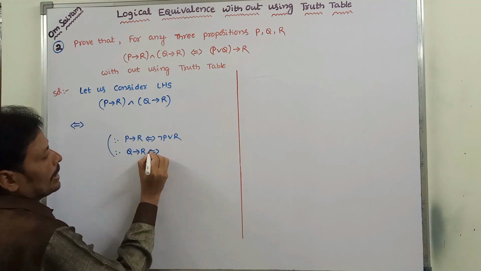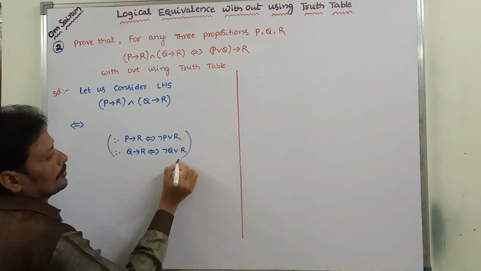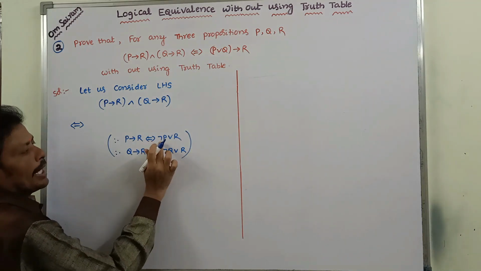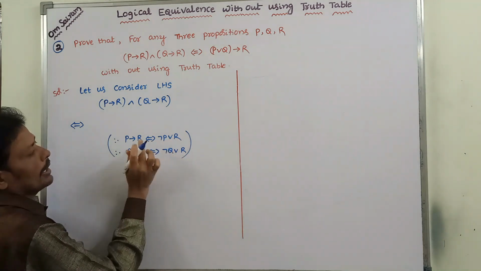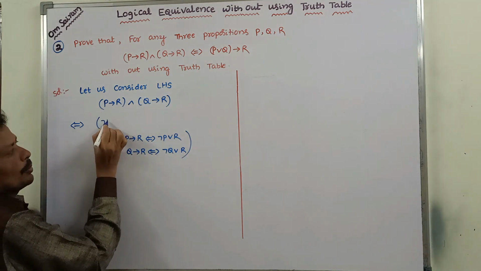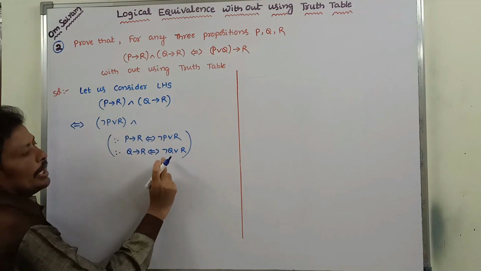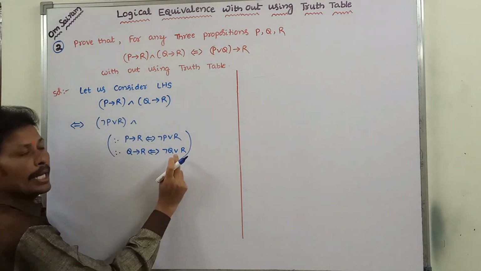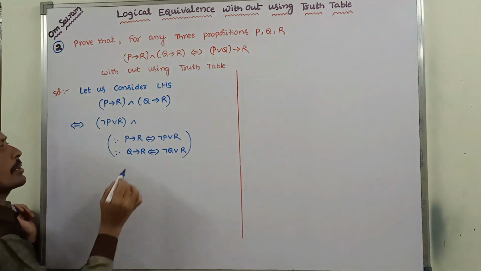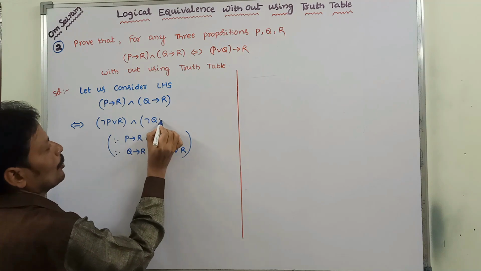It is equivalent to negation Q or R. Now we have to substitute negation P or R in the place of P conditional R, and negation Q or R in the place of Q conditional R.